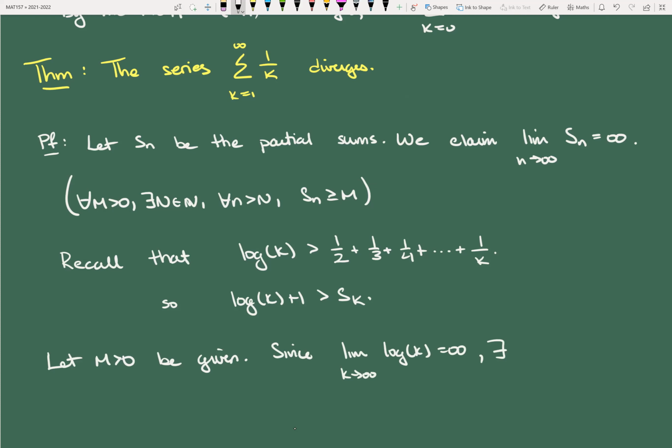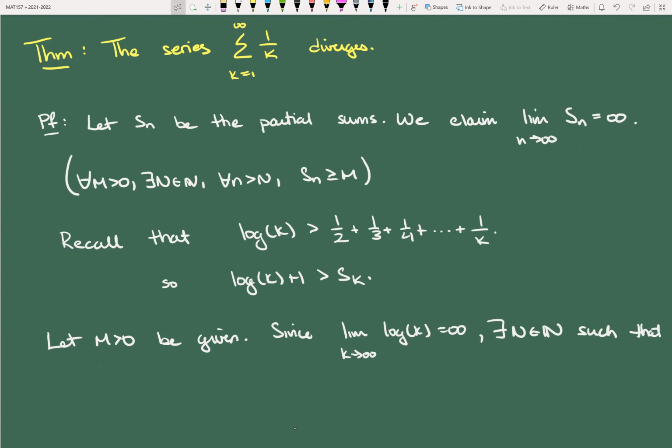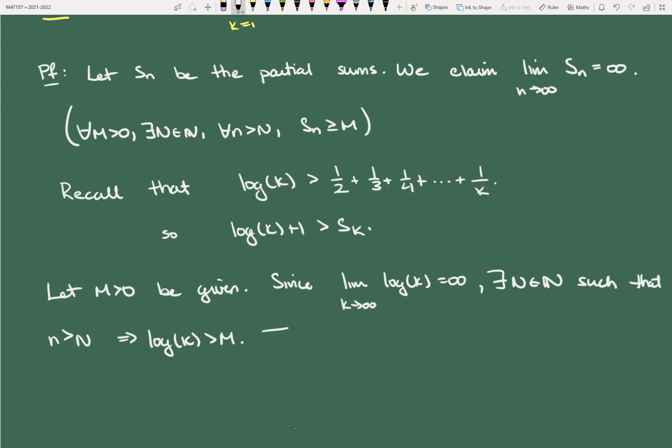There exists some natural number N such that if n is greater than N, that implies log n is bigger than m. Thus, Sk.